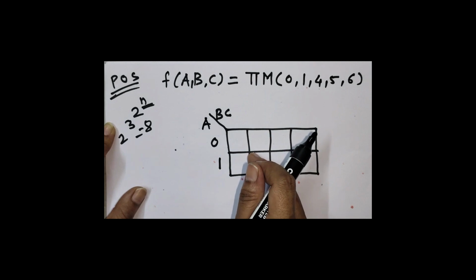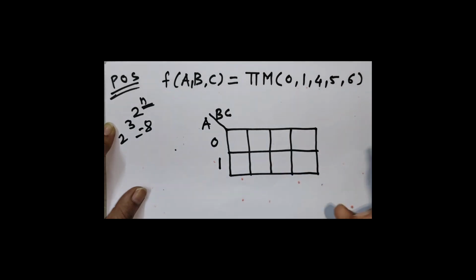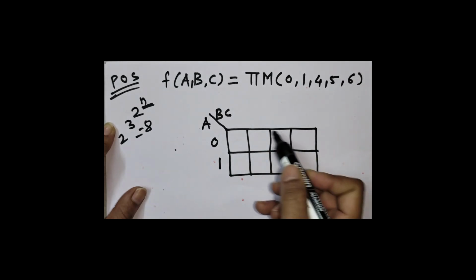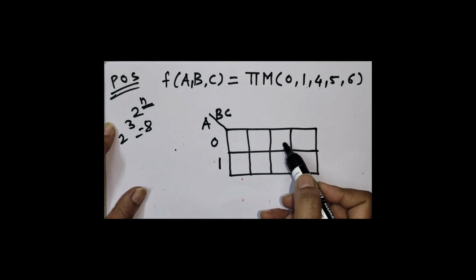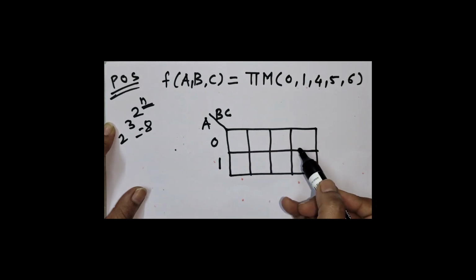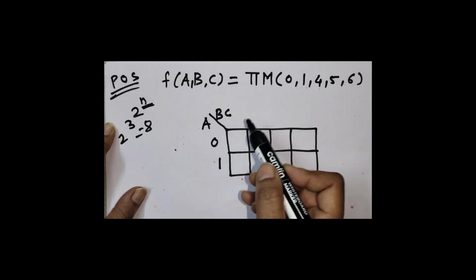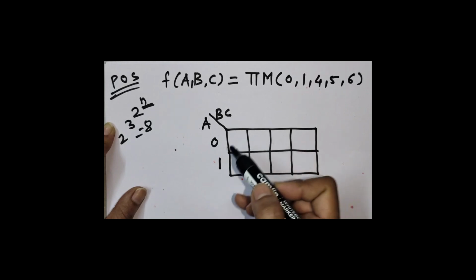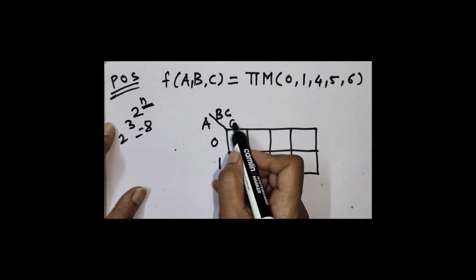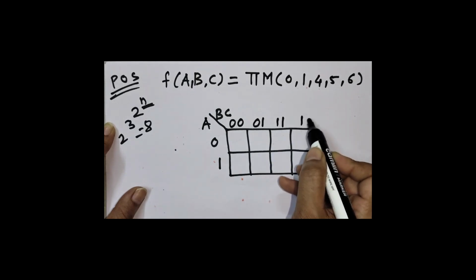But here in K-map, we use grey codes, because in K-map, for reduction of equation, we form groups of adjacent ones or adjacent zeros, or overlapping ones or overlapping zeros. For that, there must be at least one variable common in two adjacent cells. So here 0 0, 0 1, 1 1, and then here 1 0.